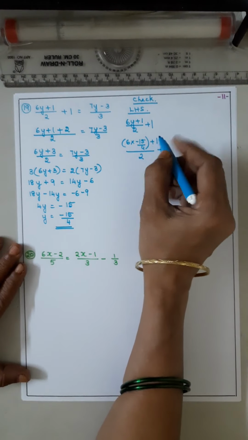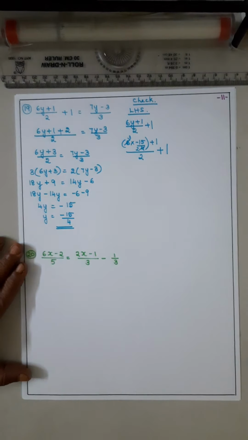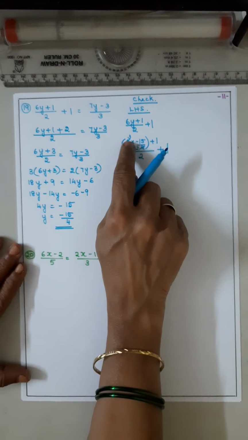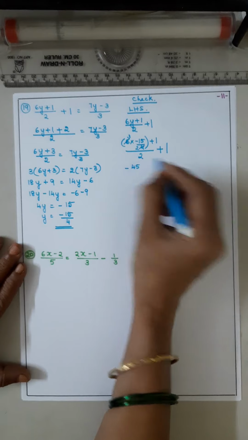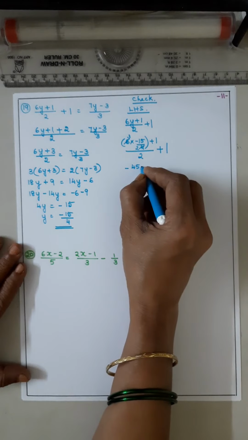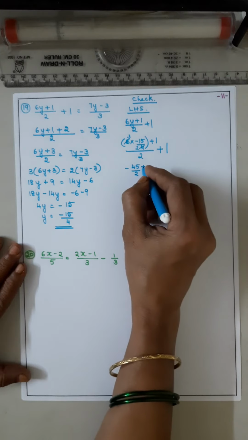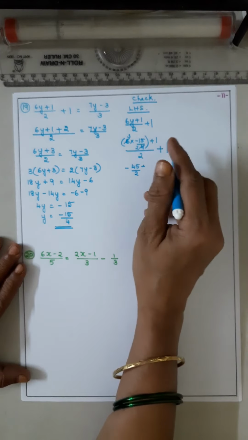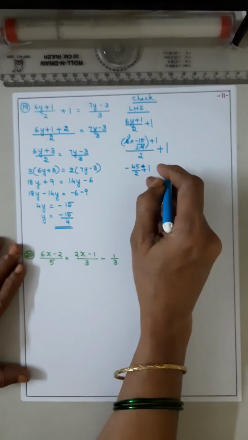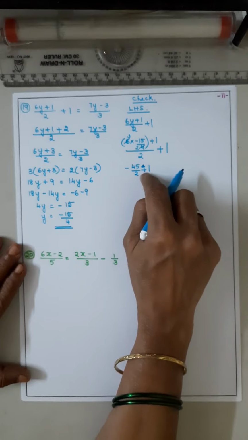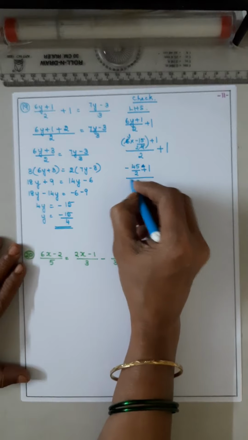Now, this 2 2s are 4, 2 3s are 6. Now here it became how much? Plus minus minus 15 3s are 45, minus 45 by 2, isn't it? Denominator is 2. Now here it will be plus 1, isn't it? 45 by 2 plus 1 upon this 2.